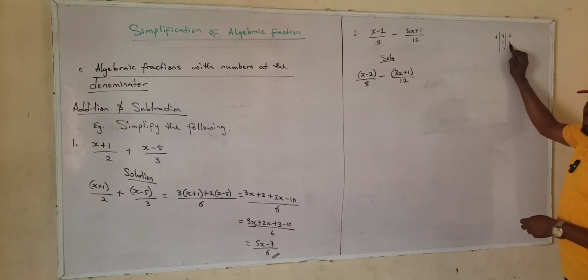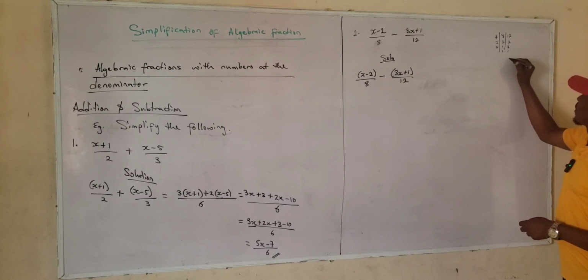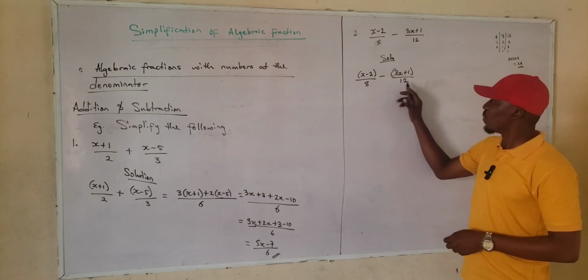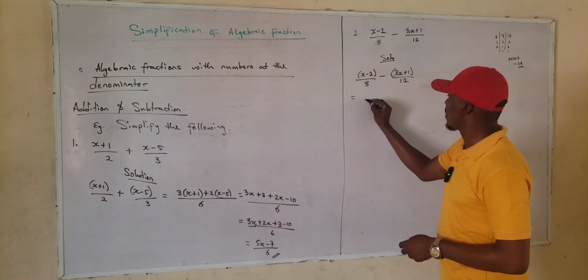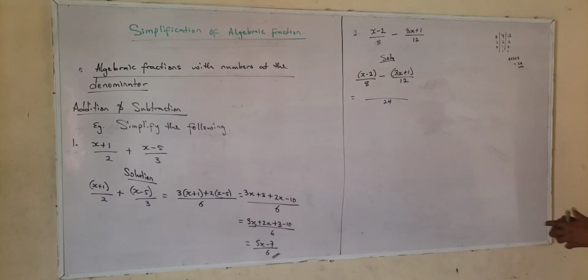There is nothing common anymore, so I will go by 2 and I'll go by 3. So that will give me 4 times 2 times 3, which is 24. So 24 is the LCM of 8 and 12. I'll put my 24 as my LCM.